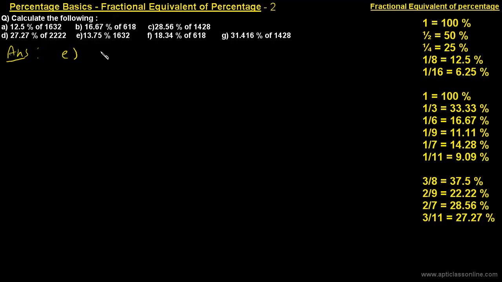In part E, we have to find 13.75% of 1632. Percent of 1632, the word "of" is missing, you can understand. Even if you look at the right hand side, we do not find 13.75% equivalent to any fraction.